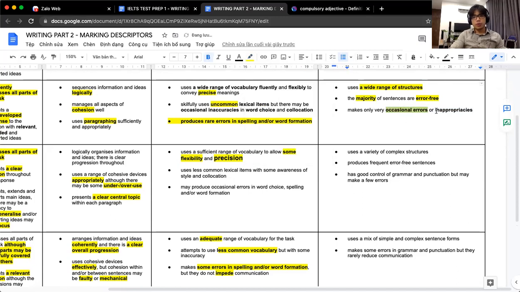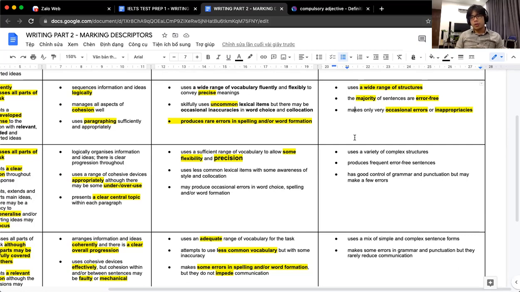So long story short, the key lesson here for grammar is that you use the structures like passive voice, conditional sentences, cohesive devices, relative clauses, and structures like that. I don't really think we should use inversion because it just sounds weird to me.